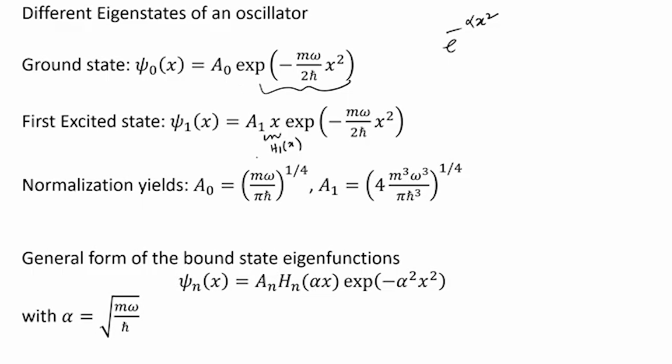And if you want to know how to get these a0s, a1s and a2s and so on, in general they would be written as a_n H_n of alpha x, and then an exponential minus alpha square x square, where alpha is given by root over m omega by h cross. And how did we find these values of a0 and a1? That is easy, because the integral of psi 0 mod square dx from minus infinity to plus infinity should be equal to 1.